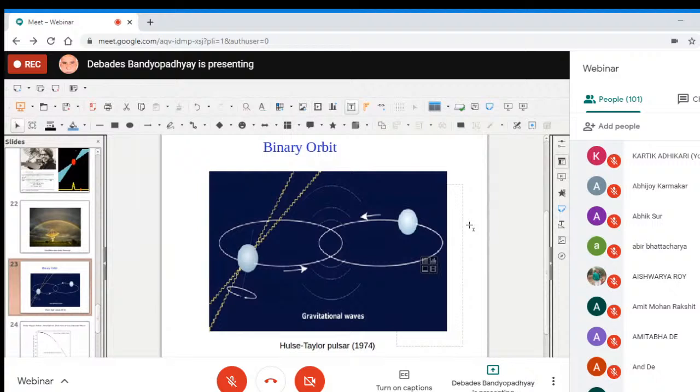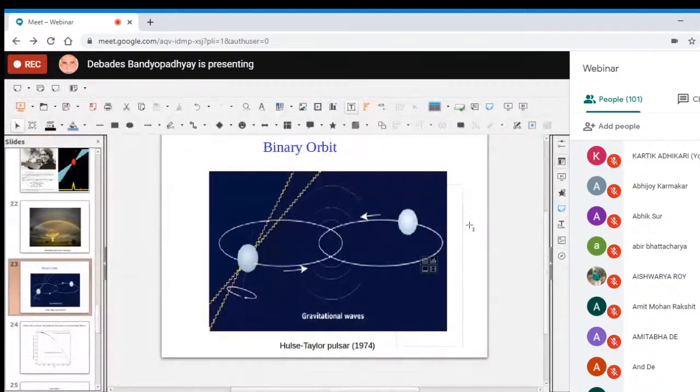In 300 million years, they will actually come to each other and collide. But when they are rotating around each other right now, they are shrinking their orbit actually, and they are coming closer to each other. And as a result, what is happening?